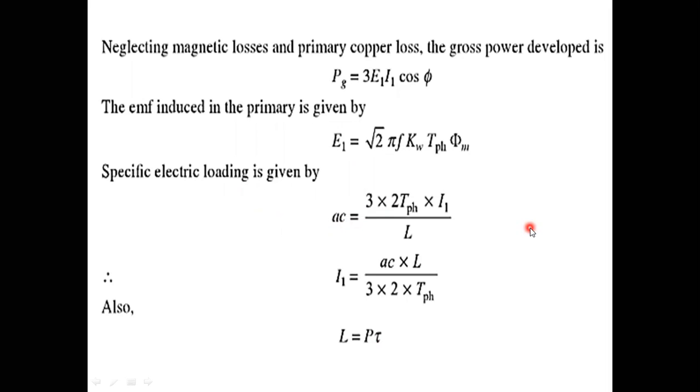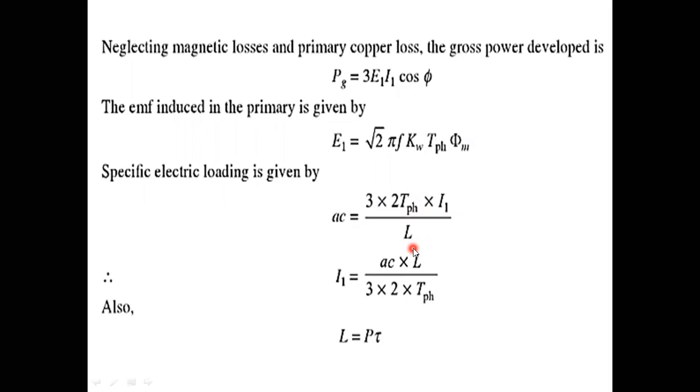A C equals 3 times 2 turns per phase into I1, the primary current, by L. Why 2 turns per phase? Because we are getting not one turn but two turns. Here L is the length of the field system along the direction of the motion.